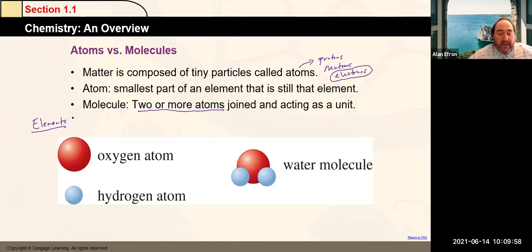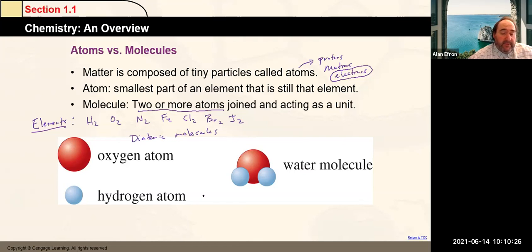Sometimes elements come as diatomic molecules. Hydrogen, the way it naturally comes, is as H2. Oxygen naturally comes as O2, and also N2, F2, Cl2, Br2, I2. These are all elements, but they are also diatomic molecules, which means they are actually molecules.